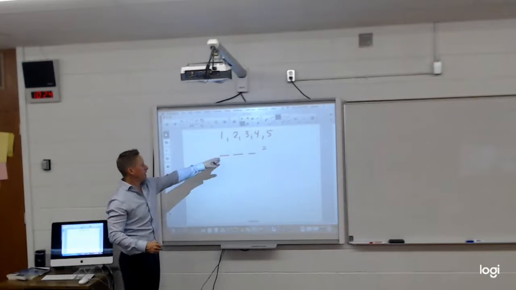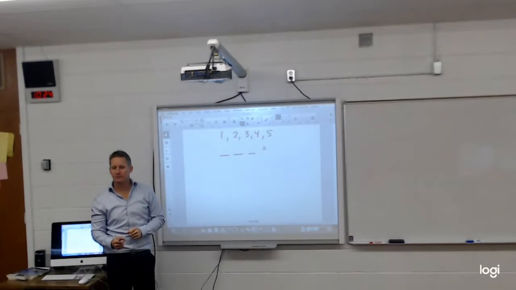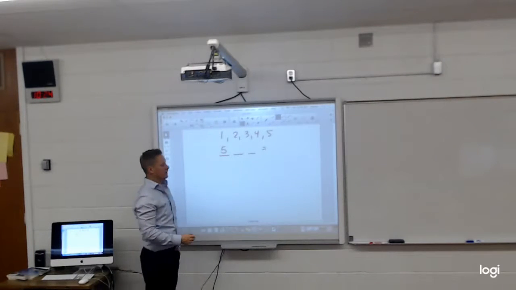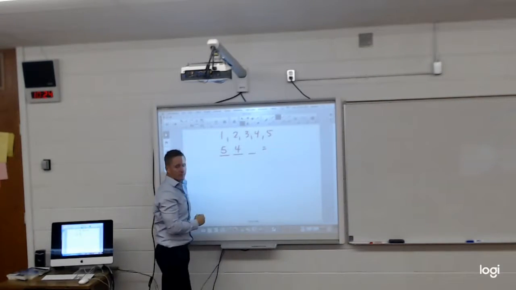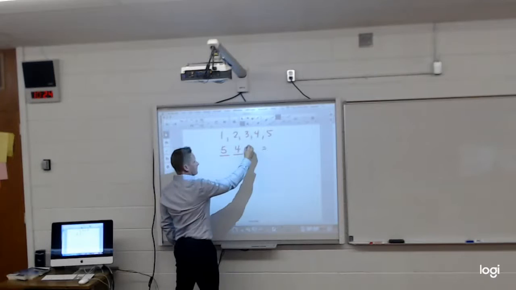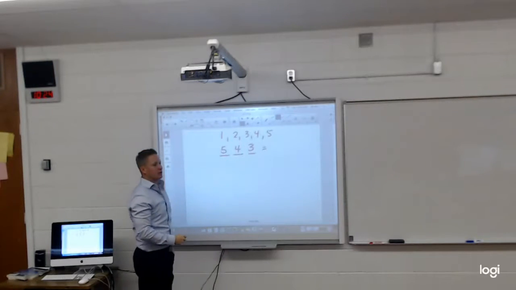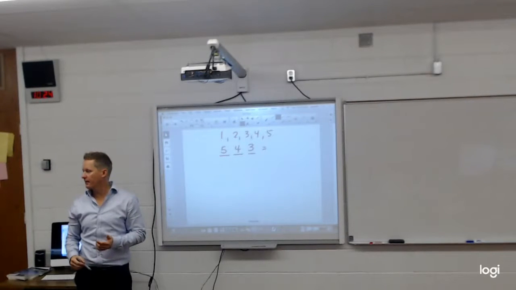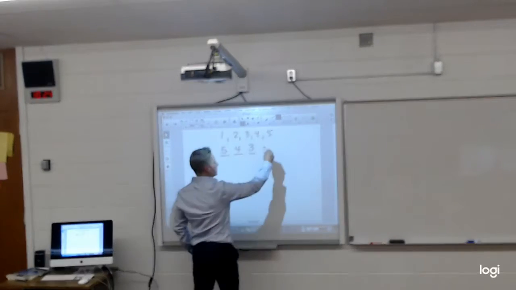So in the first blank, how many choices of numbers do I have? 5. In the second blank, 4, and then 3. So how many ways can I choose a 3-digit number from 5 digits then? There's 60 ways in which I can do this.